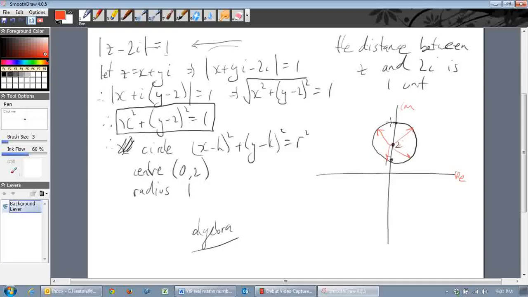Wherever you go, that's the definition of a circle. So if you can look at this and go, well, the distance between z and 2i is equal to 1, then you can figure out that's a circle. It's going to be a circle equidistant from 2i with a radius of 1. It's much faster just thinking about it and being able to draw that. But this is how you do it algebraically.